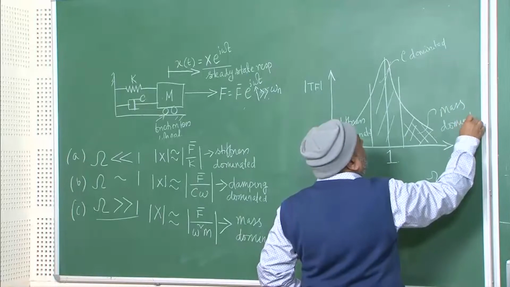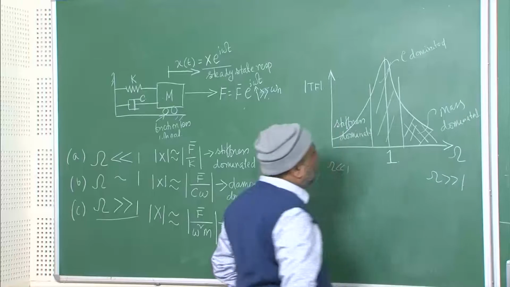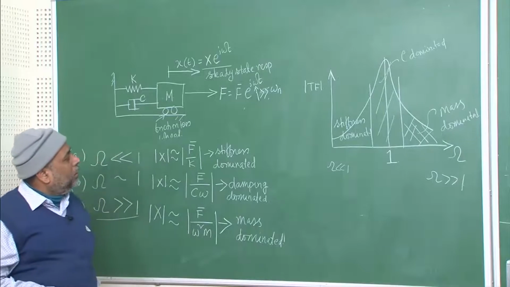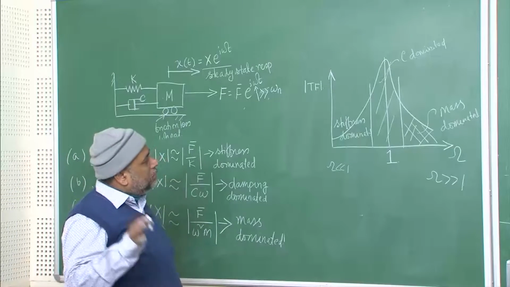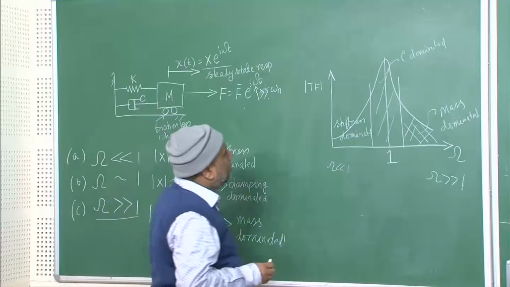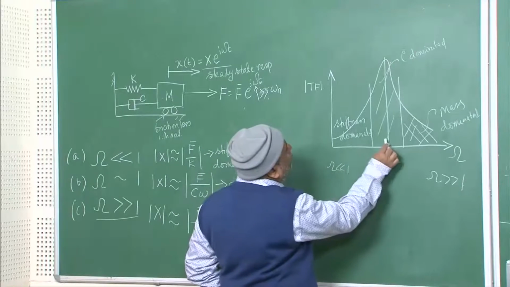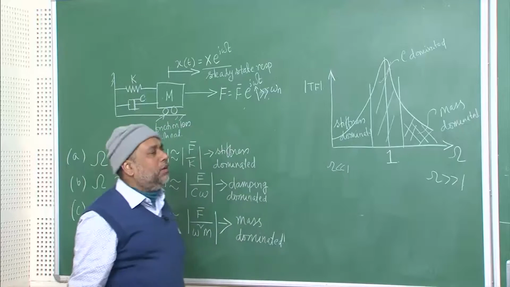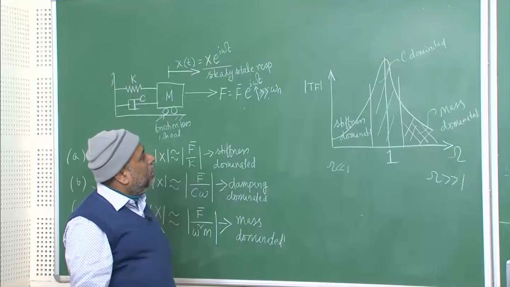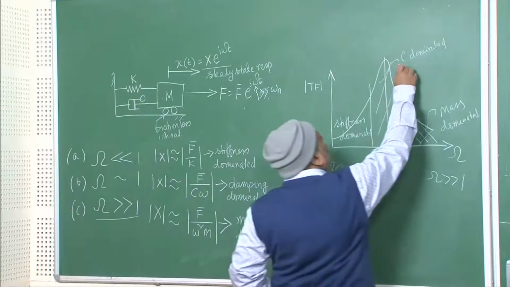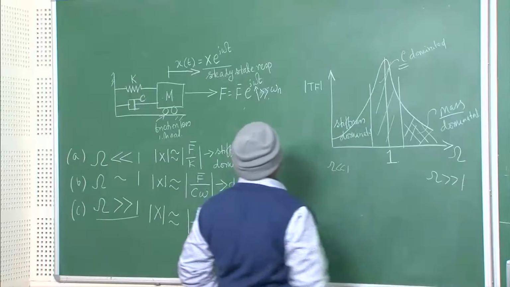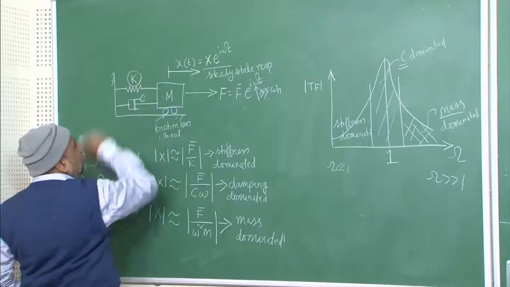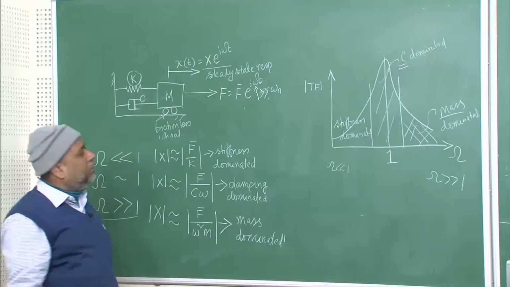So, the important take home message for us is why the characterization of the system is important. If the excitation frequency of the system is low in comparison to the resonance or the first natural frequency of the system, we should not look into C or mass as the parameter. C or mass would not be important, only K will be important, because it is stiffness dominated.